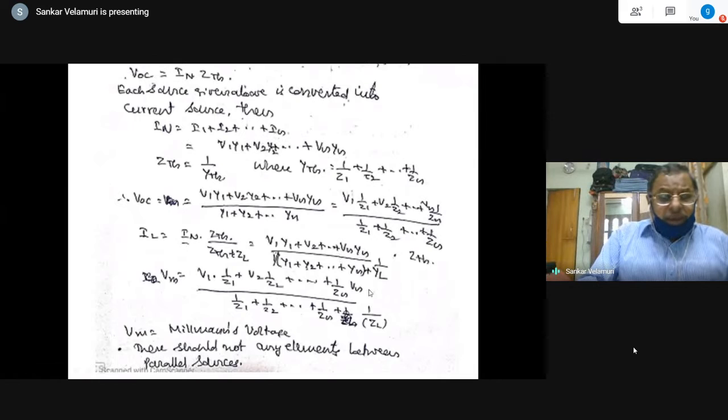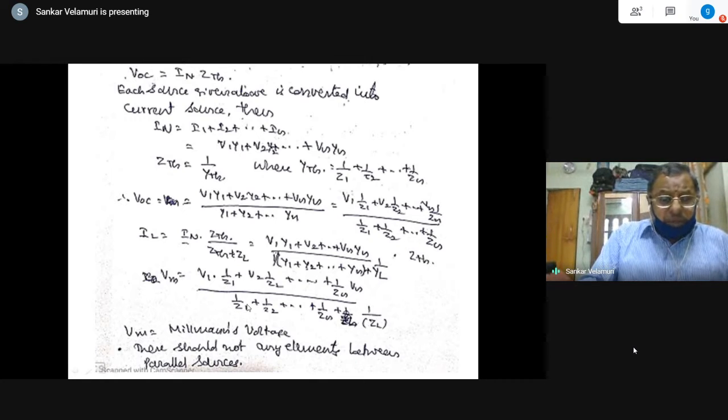And because we are considering in terms of the admittances and voltage sources, V1 into 1 by Z1 is V1 Y1, V2 Y2, plus Vn Yn plus VL into YL. So imagine the current source to be obtained together directly. Then the total admittance of the circuit including ZL is Y Thevenin plus Y load.